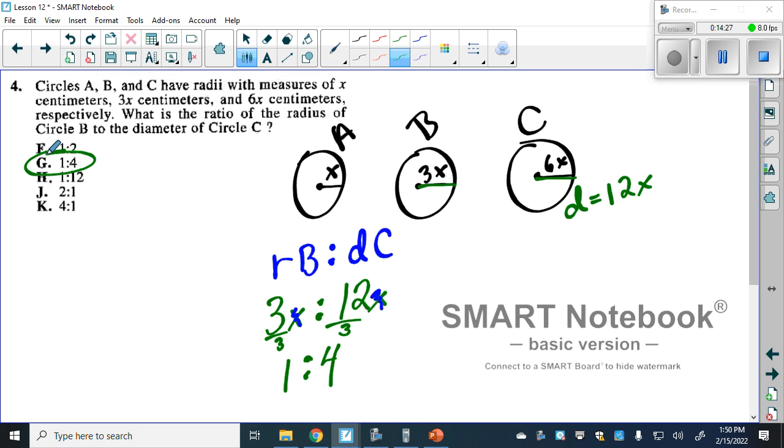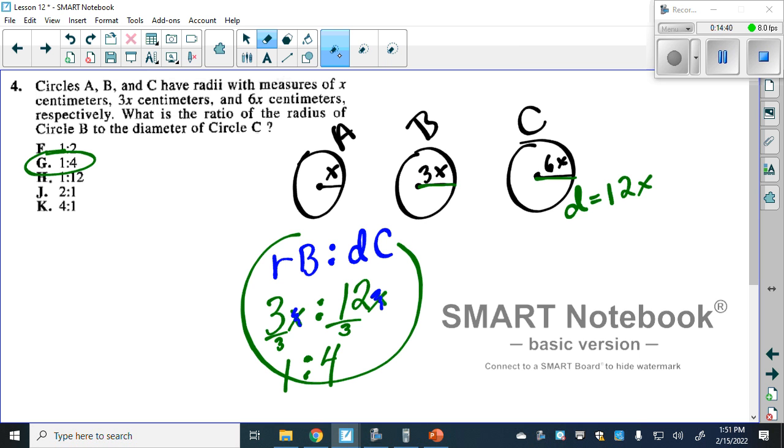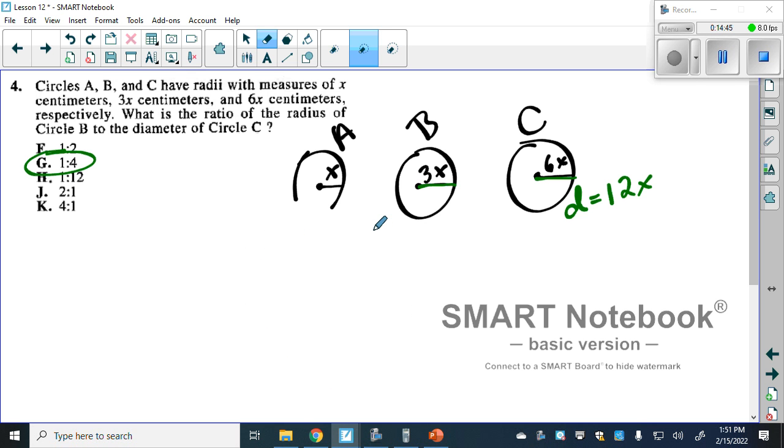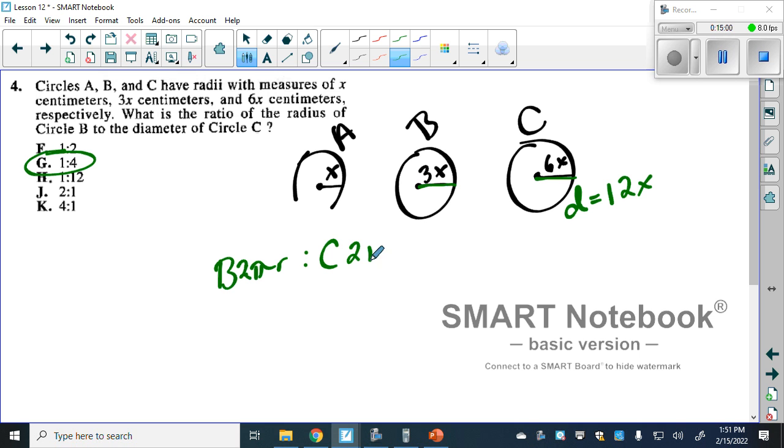1 to 4. And really, if we wanted to compare the circumferences of these two here, we'd be doing almost the exact same thing. Well, try that again. There we go. Because if I wanted to compare the circumference of B to the circumference of C, it would just be comparing B's 2 pi r to C's 2 pi r.